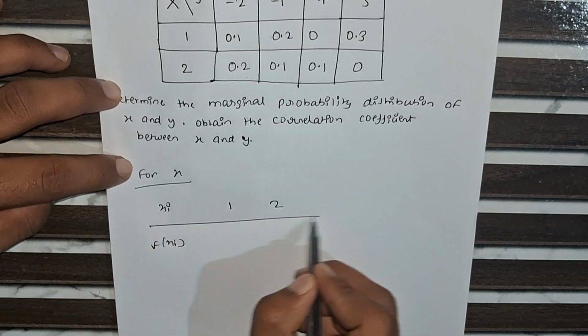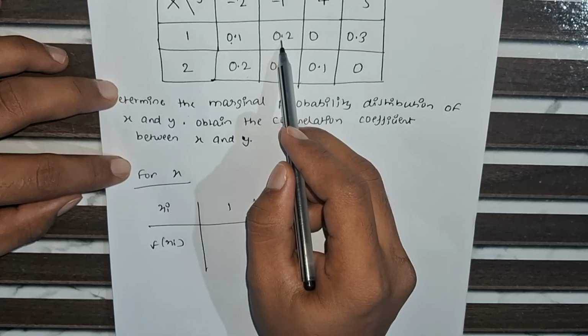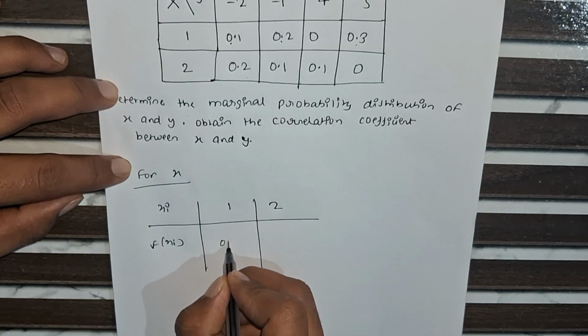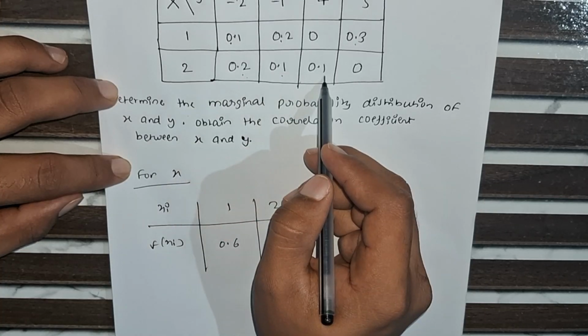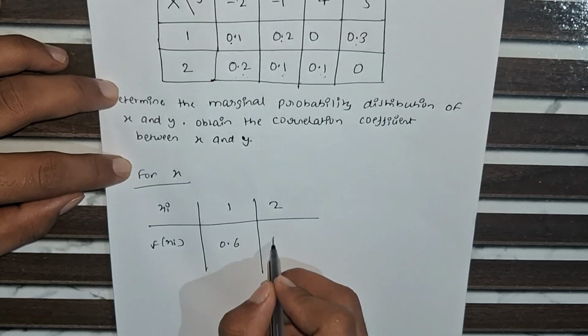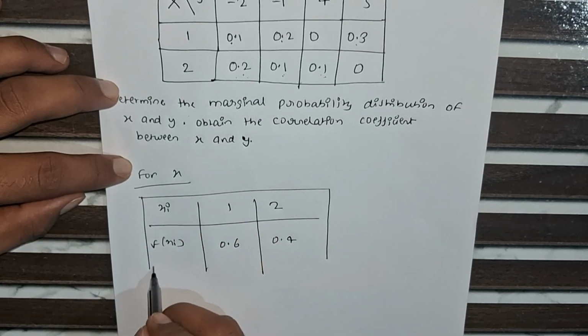What is f of xi? So 0.1 plus 0.2 plus 0.3 is 0.6. For 2, 0.2 plus 0.1 plus 0.1, this is 0.4. So this is the marginal distribution for x.